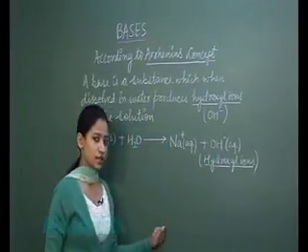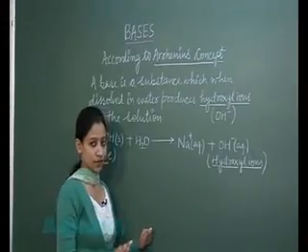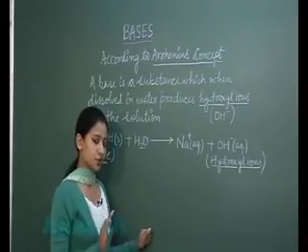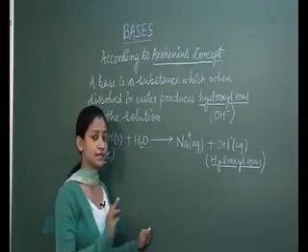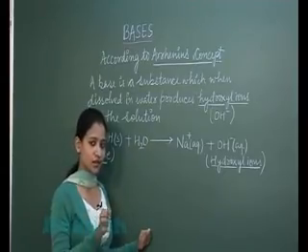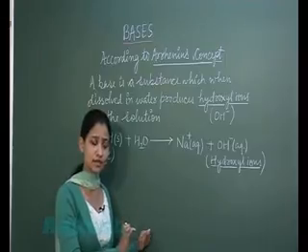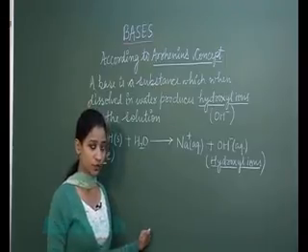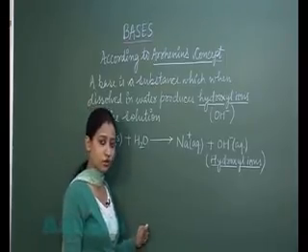But students, this is not the only definition of a base. Base is actually a substance which neutralizes the effect of the acid. So we can say that base is generally a substance which reacts with acid to form salt and water. So what is the another definition of base?